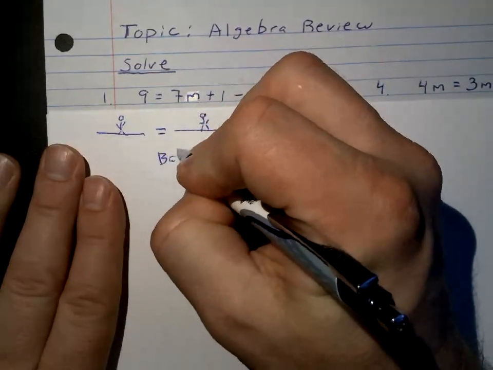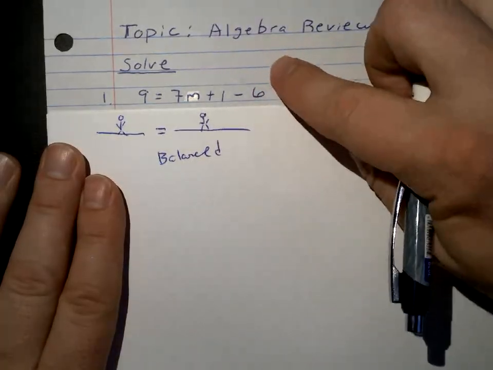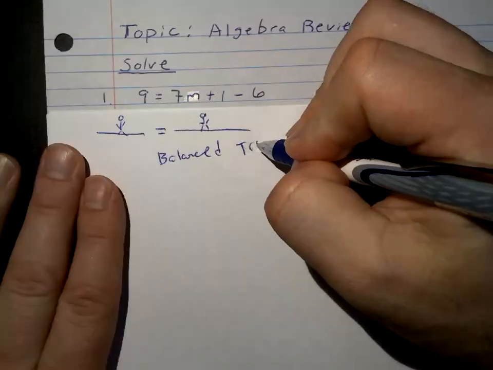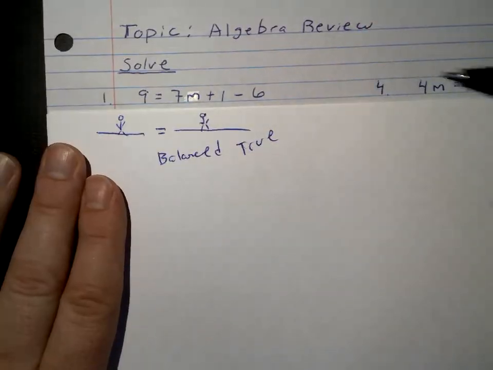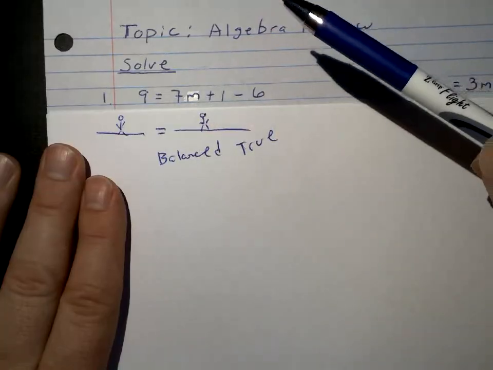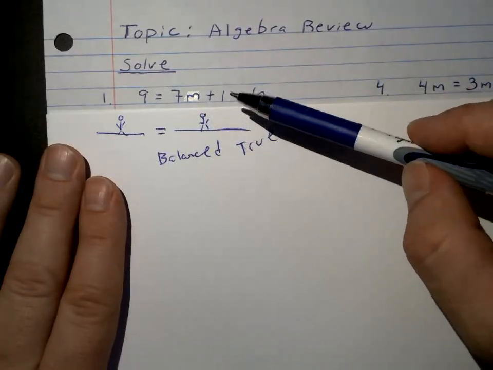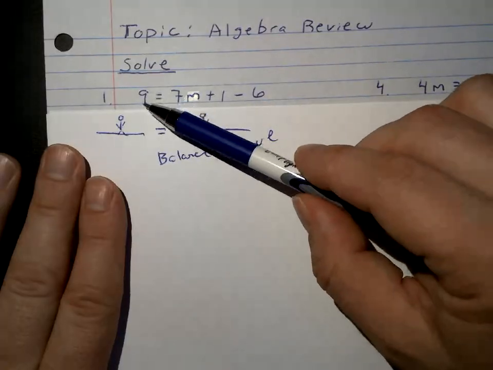It has to be balanced to make this true. In order to do this, we have to solve for the unknown, which is m in this case. So we're going to do some manipulation and see what value of m makes this equal 9.